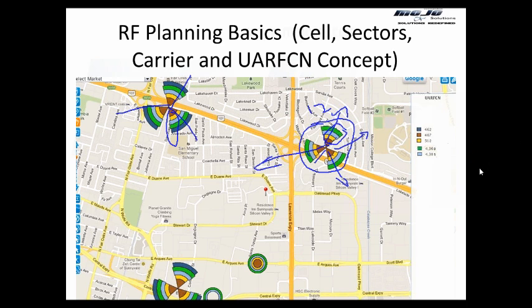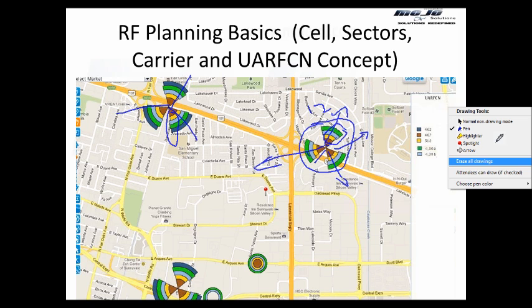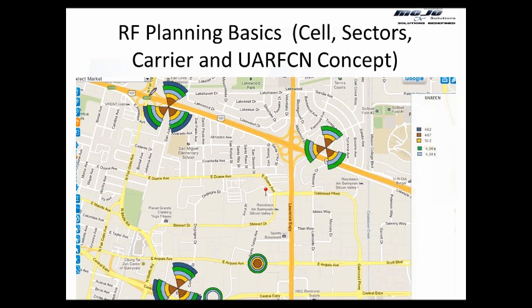Okay, guys, we are 12 minutes over time. So I want you to start typing how many cells are in this site. Start typing right now. We don't have much time.